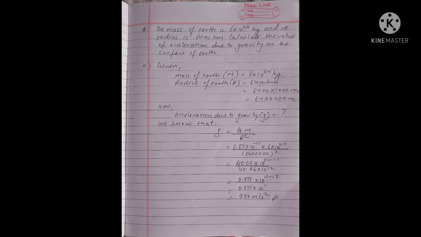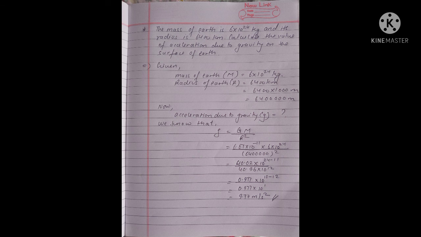Here's a question. I have solved it by using the equation that we found just now. The question is: the mass of Earth is 6 times 10 to the power 24 kg and its radius is 6400 km. Calculate the value of acceleration due to gravity on the surface of Earth. First of all, we will write what is given. Mass of Earth, capital M, equal to 6 times 10 to the power 24 kg.